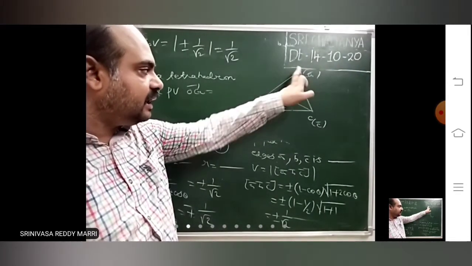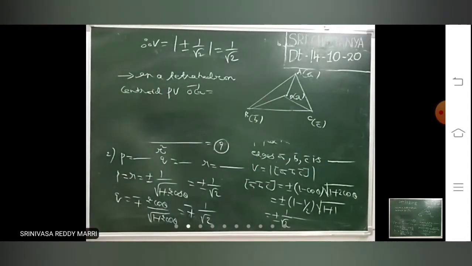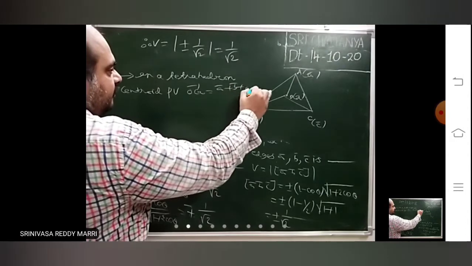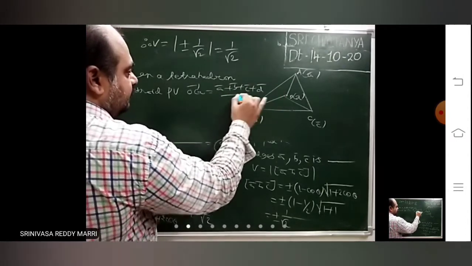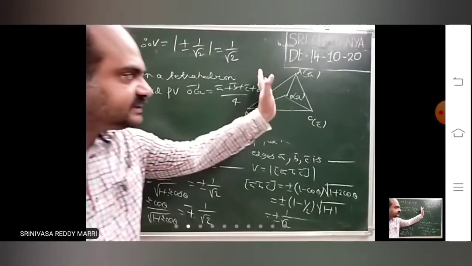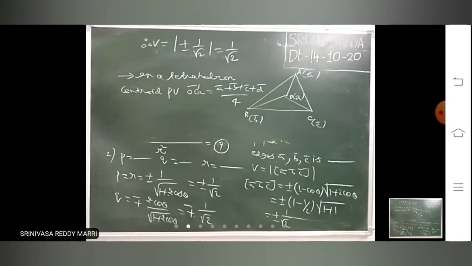OA bar is A bar, OB bar is B bar, OC bar is C bar, OD bar is D bar. That means centroid means if four vertices are there, you have to write divided by 4. Triangle means divided by 3 you will write. How many vertices are there? 4 vertices. You remember this formula. For a tetrahedron, centroid position vector is A bar plus B bar plus C bar plus D bar divided by 4.